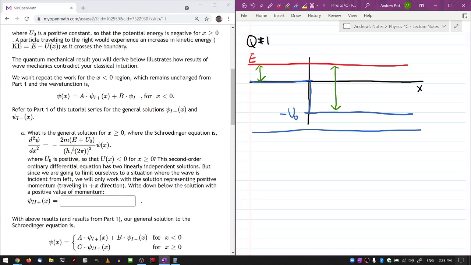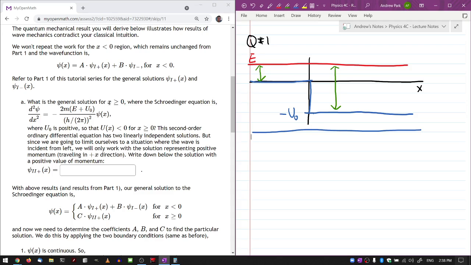What is the general solution for x greater than 0, where the Schrödinger equation is this? Qualitatively it's the same, so let me write down the solution for region 1.